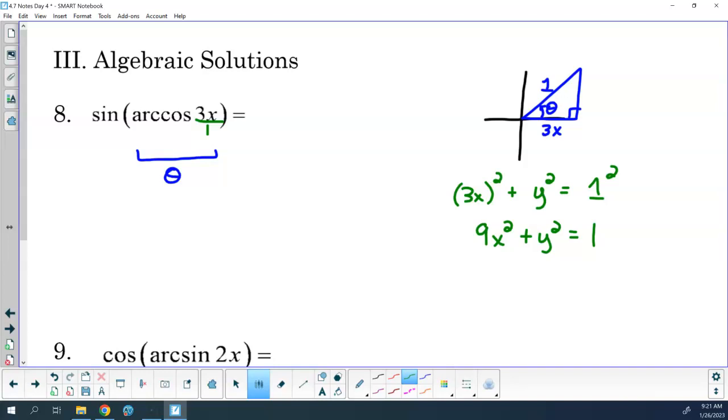What will we do next? Algebraically, what will we do next to solve for y? Subtract 9x squared. Algebraically, what will we do next? Square root both sides. Okay.